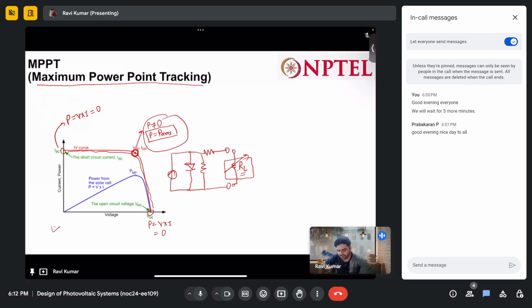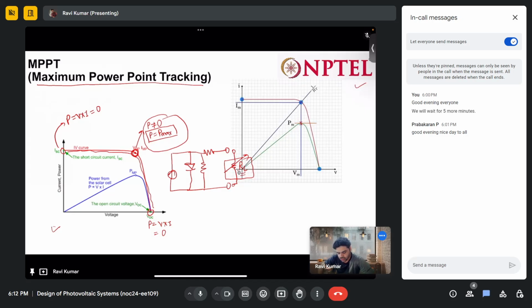On this IV characteristic, we can also see this. What we do is we draw a load line. This particular line is the load line. In this load line, the slope is 1 upon RT, and RT generally is the resistance across these terminals. So in this case, RT will be equal to RL.